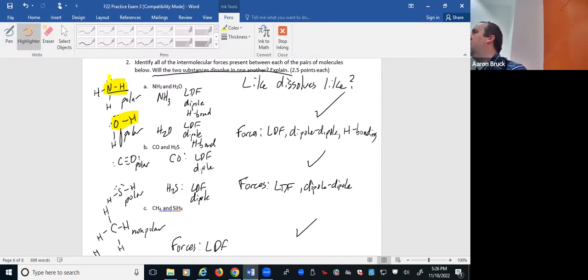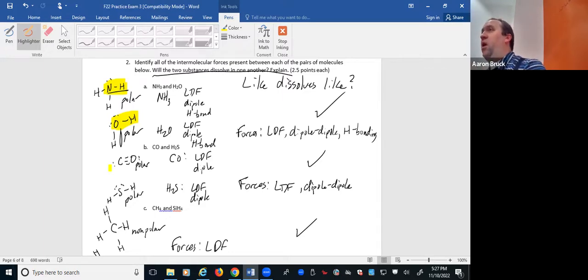Addie? So when we're looking for symmetry, what we need to look for is if I have drawn the molecule, one thing I generally can't have are lone pairs.